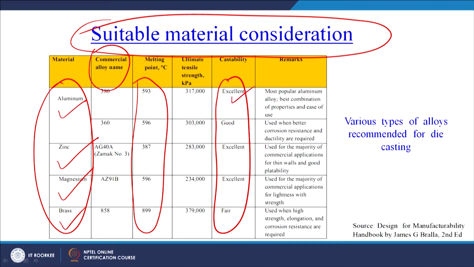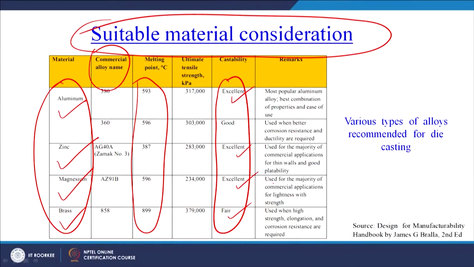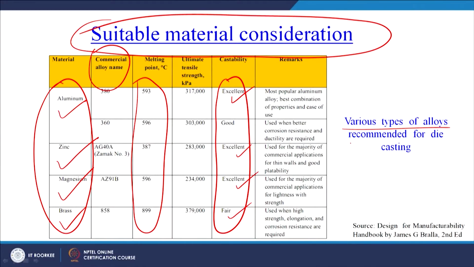Aluminium excellent, zinc excellent, magnesium excellent, brass fair. So we can use the die casting process for a wide variety of engineering materials like aluminium, zinc, magnesium, and sometimes under limited conditions for brass also. These are the various types of alloys recommended for die casting. The source is also given: Design for Manufacturability Handbook by James Bralla, 2nd edition. So this is the material consideration for the product design.